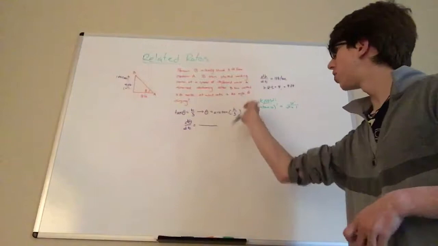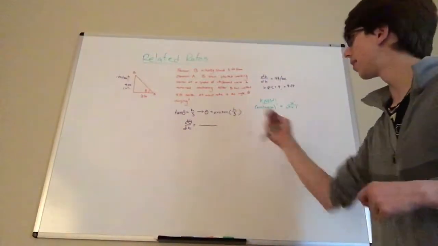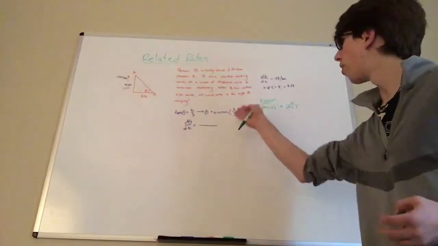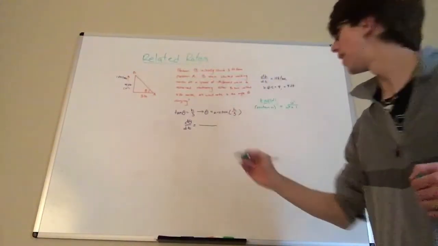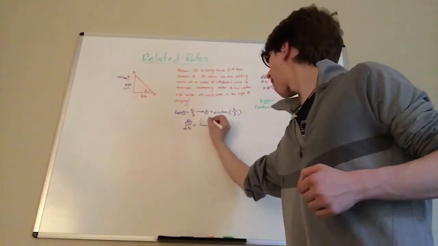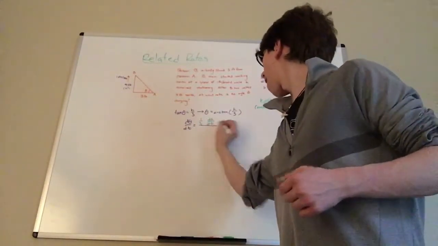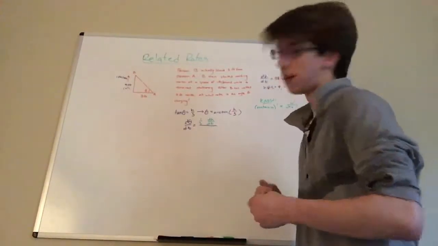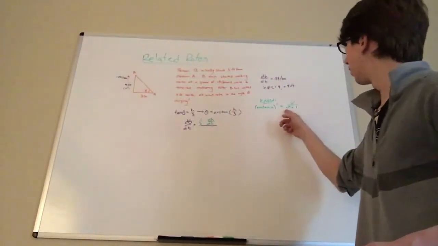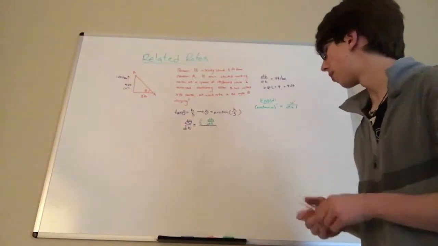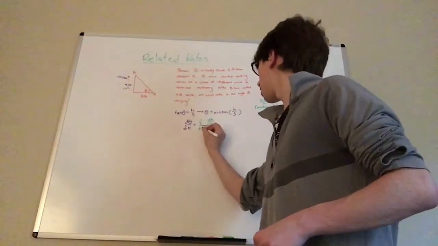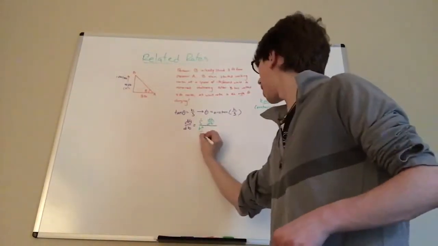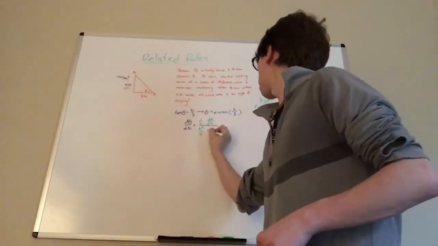Since we know this, we can differentiate arctan of h over 3. So u is equal to h over 3, so u prime is the derivative of h over 3, which is 1/3 times dh over dt. Then we divide by u squared plus 1. u is h over 3, so that's h squared over 9 plus 1.